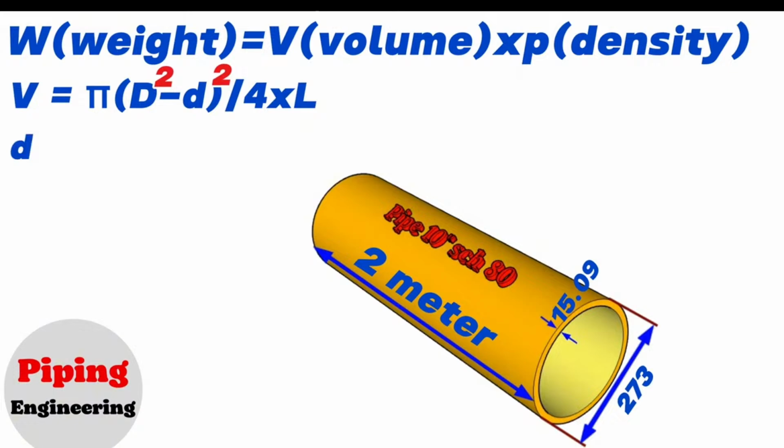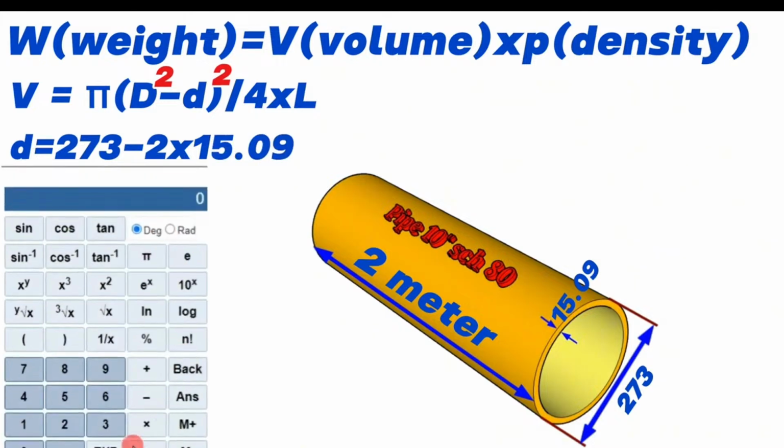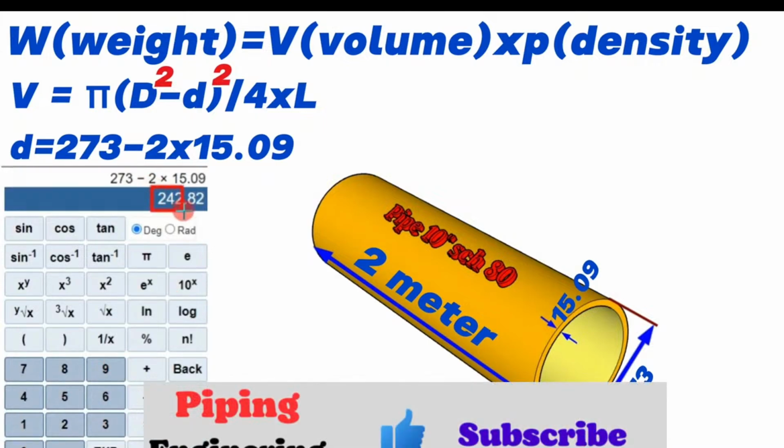Now we can calculate the inside diameter of this 10-inch pipe. The inside diameter equals the outside diameter 273 minus 2 times the wall thickness 15.09. Using the calculator, we find that 273 minus 2 times 15.09 equals approximately 243.